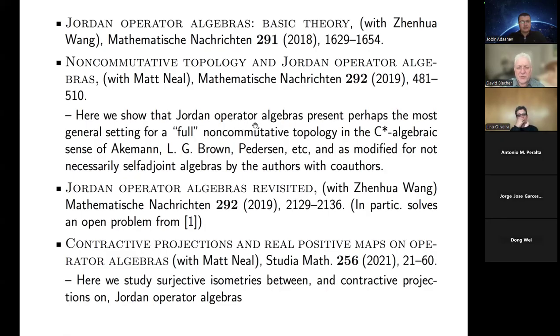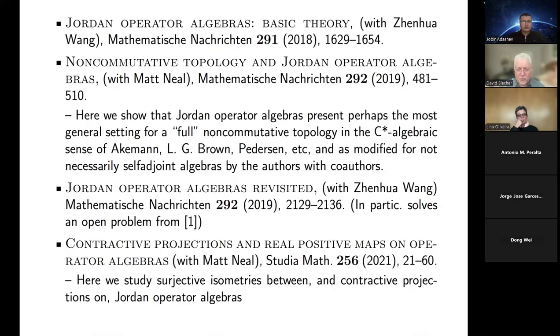Here we showed that Jordan operator algebras are perhaps the most general setting for a full non-commutative topology in the sense of Akemann, Brown, Pedersen, etc., as modified to not necessarily self-adjoint algebras. The third paper here is a short one that in particular solved an open problem from the first paper at the top of the list.